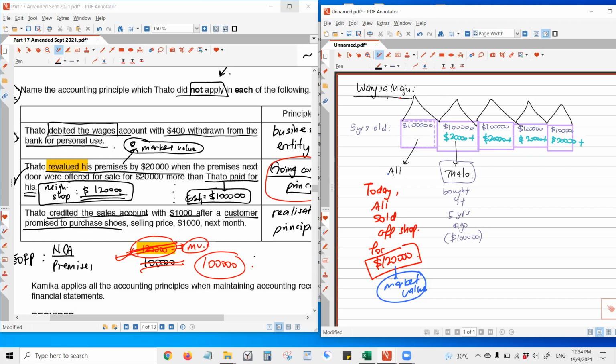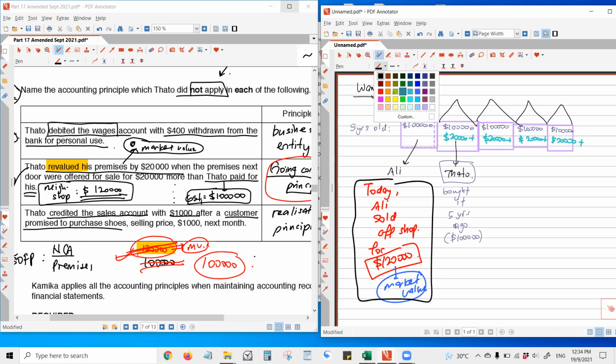So after Tato has discovered that Ali can sell it for 120,000, Tato went on to open the book that shows the SOFP. Tato changed the value of the premises from the original 100,000 to 120,000.